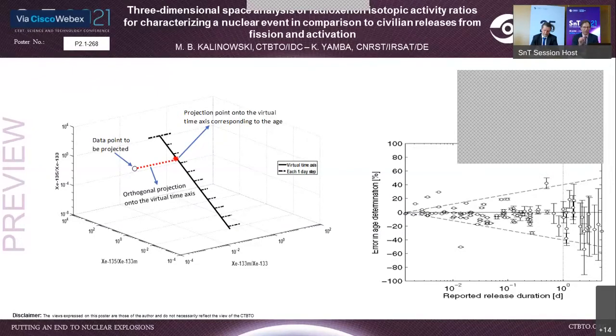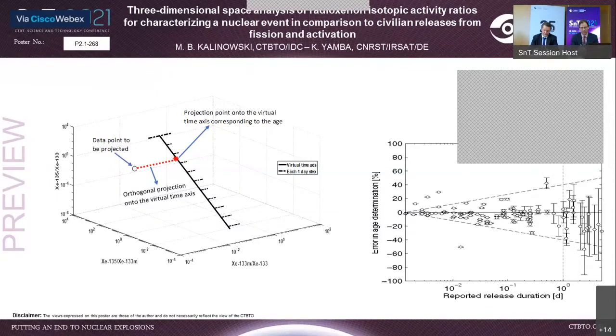Then we project along this line, and this results in a time-independent plot where we don't need to know at what time something was released, and we can still clearly distinguish between different clusters or domains: what is a nuclear reactor domain, what is a nuclear explosion domain.